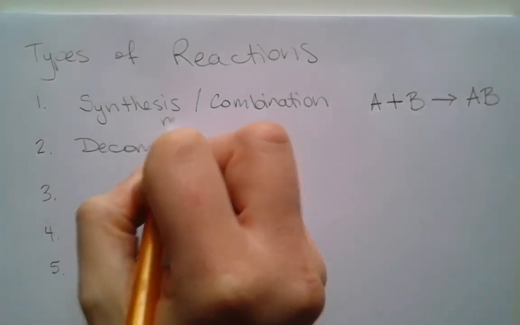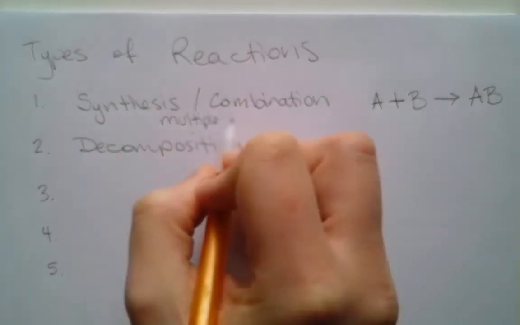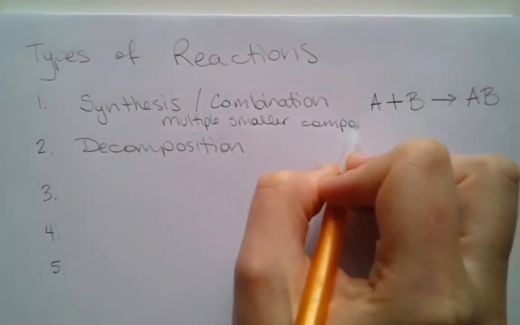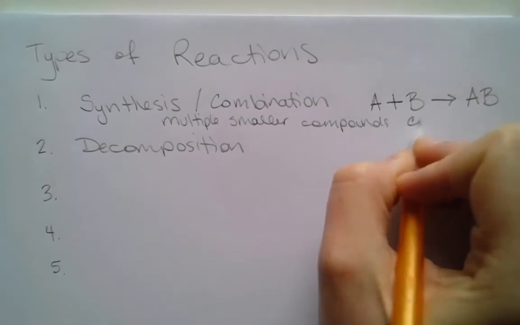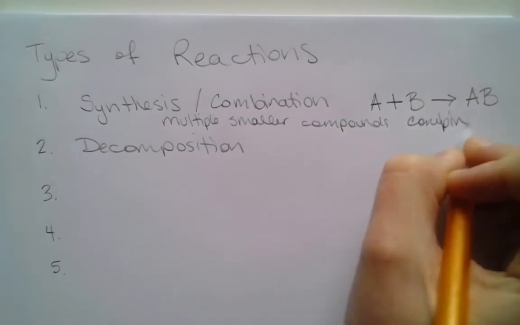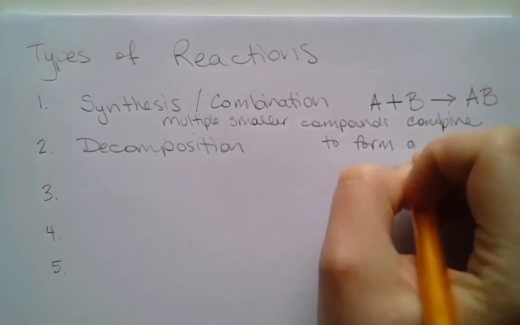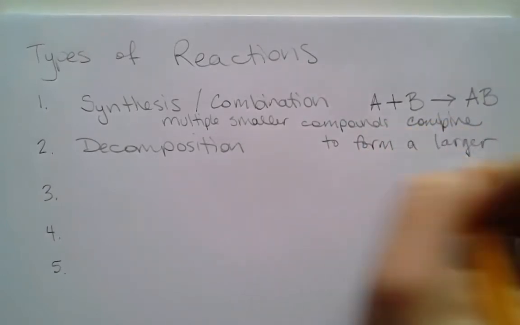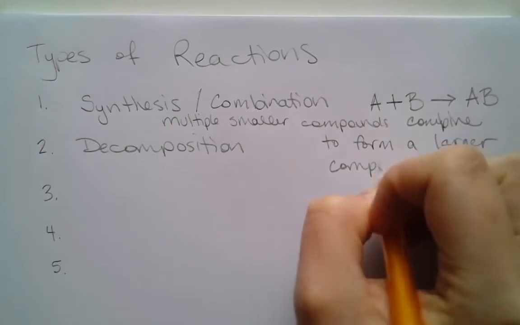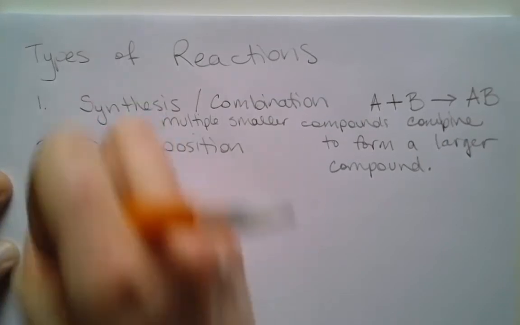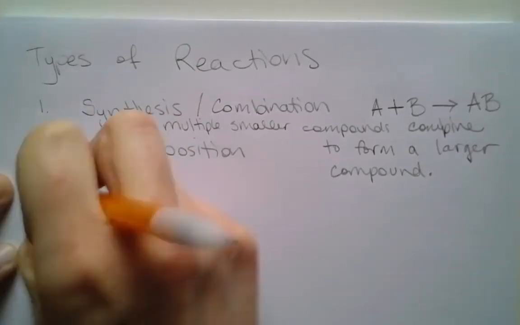Multiple smaller compounds combine to form a larger one. That's synthesis. This is going to drive all of us nuts that I don't have enough space, so we're just going to make some more space.